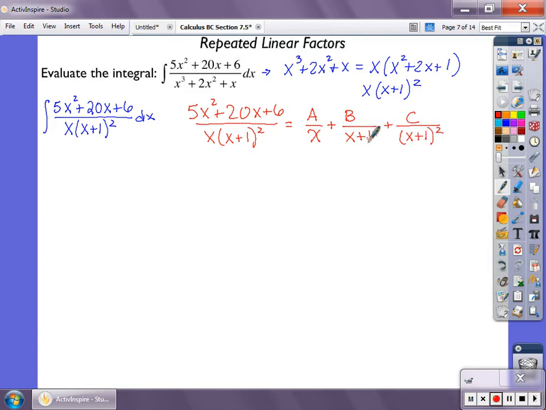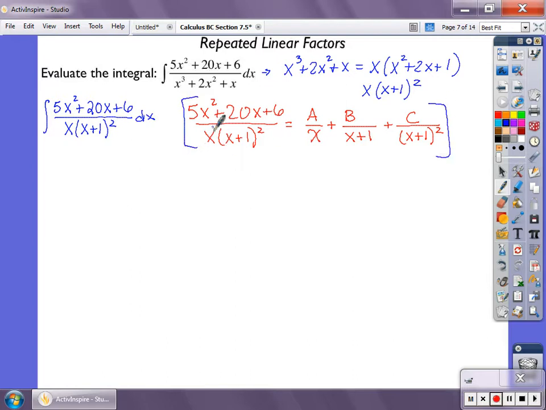And again, there's x plus 1 and x plus 1 squared because it's repeated. You don't do B over x plus 1 plus C over x plus 1. You do the B over x plus 1 and then the C over x plus 1 squared. Very, very important.